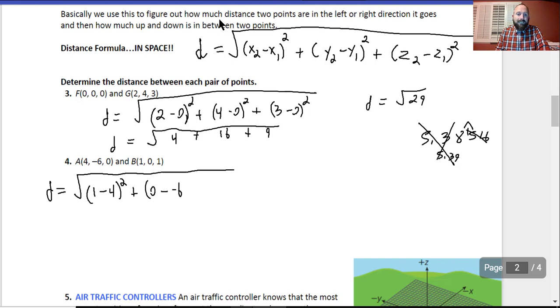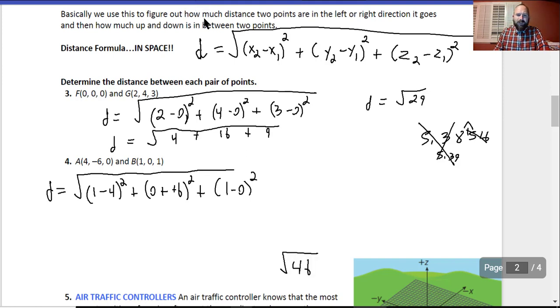Minus 6 squared plus 1 minus 0 squared. I mean, this will become positive. Negatives don't really matter, like 1 minus 4 is negative 3, but squaring it will be 9. Now go ahead and figure this out, and then I'm going to show you the answer in just a second.